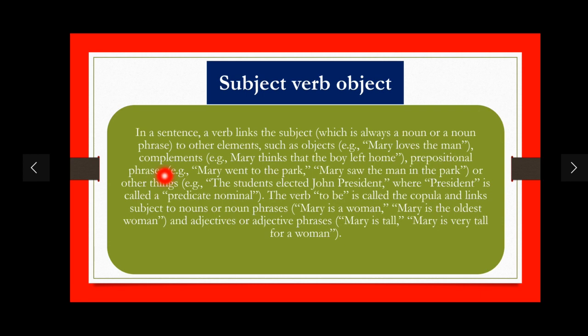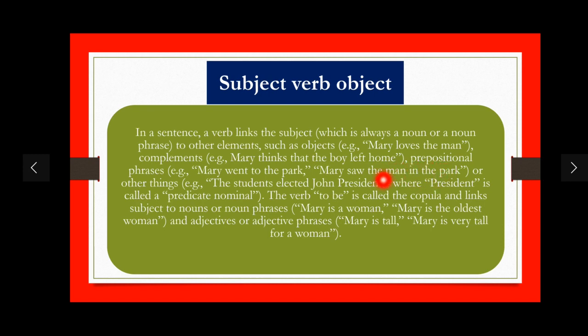Or the verb may link the subject with the complement. For example, Mary thinks that the boy left home. You can see here that the verb thinks links the subject Mary with the complement that the boy left home.